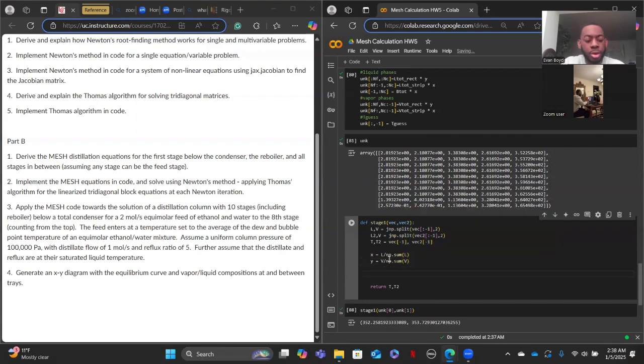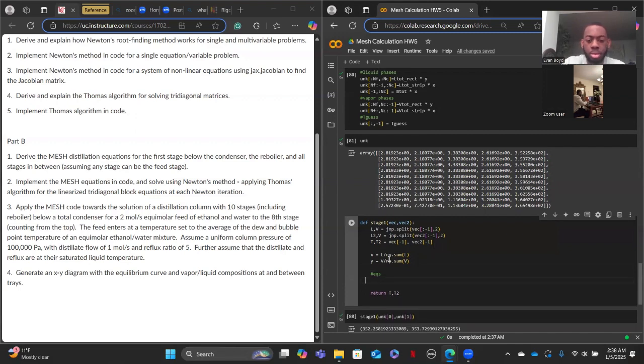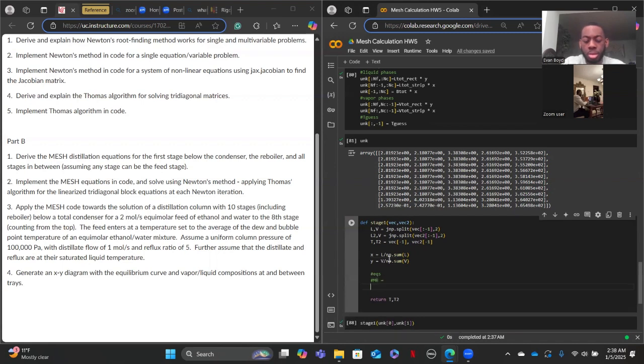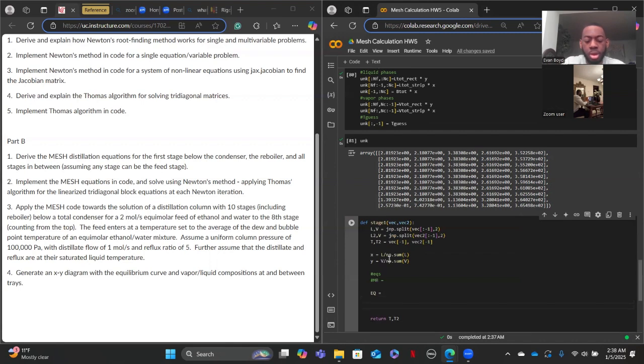All right, and then for our equations, like I said earlier, we have mass balance, equilibrium relationship, and then we have our enthalpy balance.